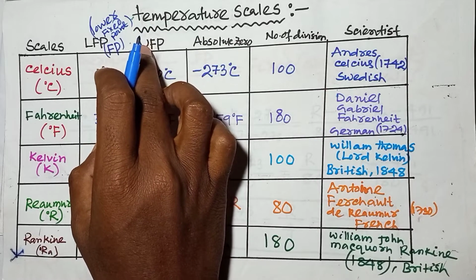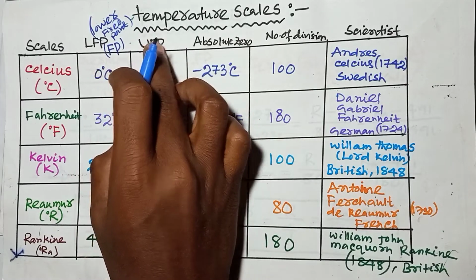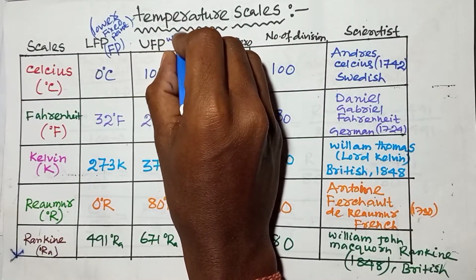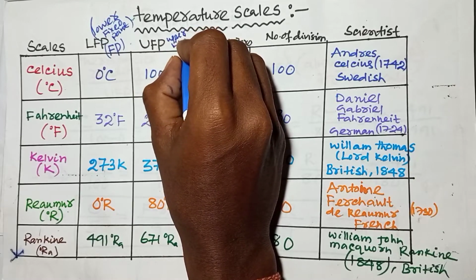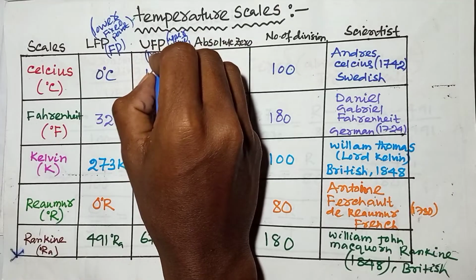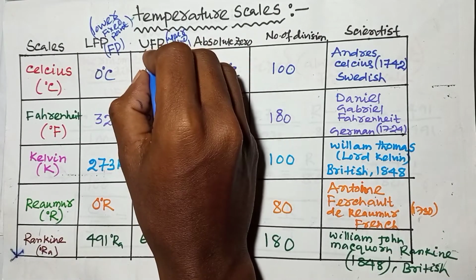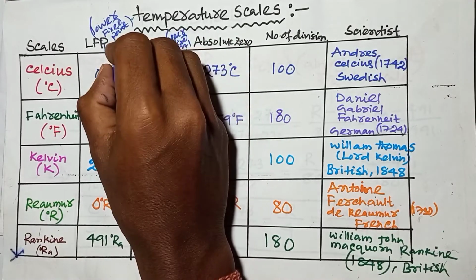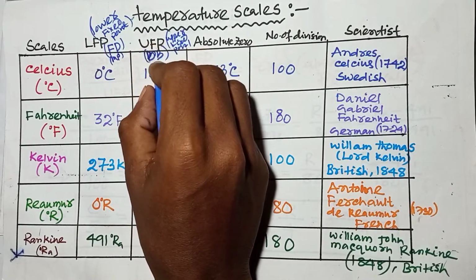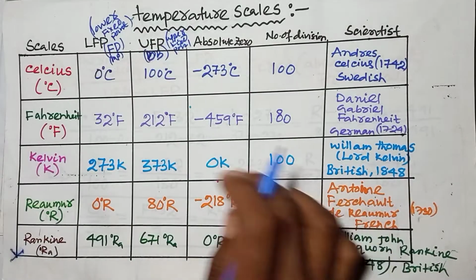And this is the UFP, that means the upper fixed point, and generally it is taken to be the boiling point. So this is taken as the freezing point or melting point, and this is taken to be the boiling point.